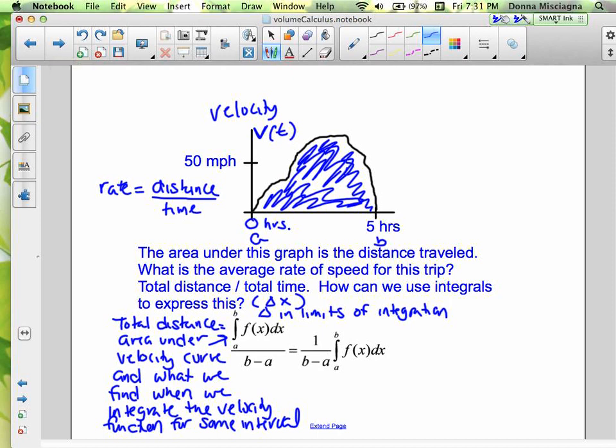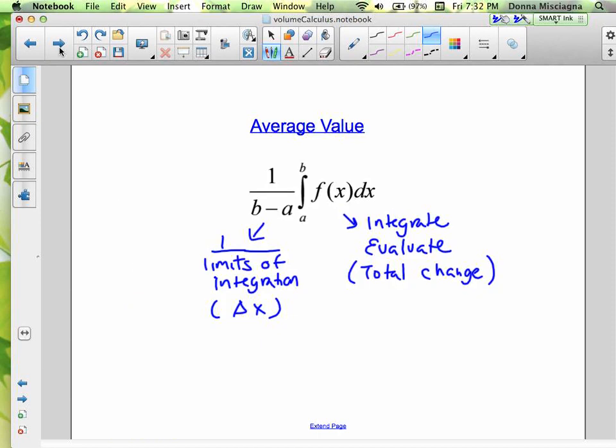Okay? So now let's take a look at finding the average value of some function. Actually, let's look at the formula one more time. All right, so the average value is 1 divided by b minus a, which is just 1 over the limits of integration. You're changing x there. You're going to integrate and evaluate to get the total change.